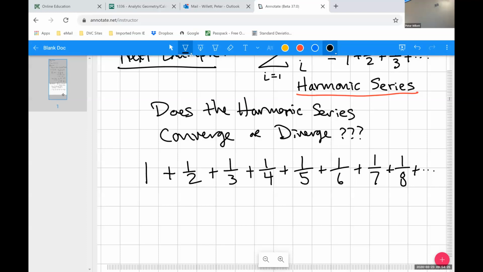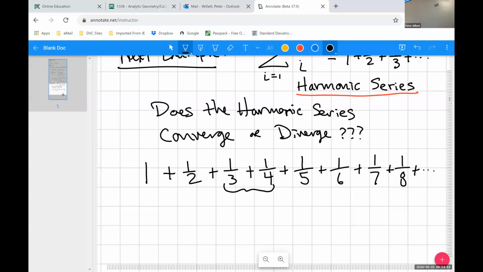So here's a way to think about it. I'm going to look at these two terms added together, 1/3 and 1/4. What I'll point out to you guys is that as the terms go down the line, they're getting smaller. So 1/3 is a larger number than 1/4.